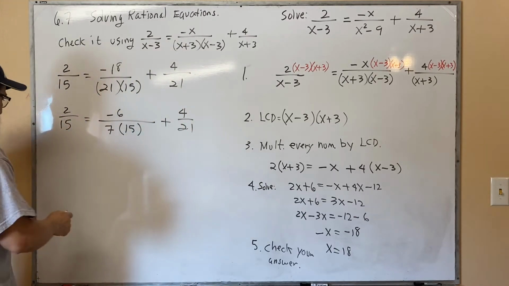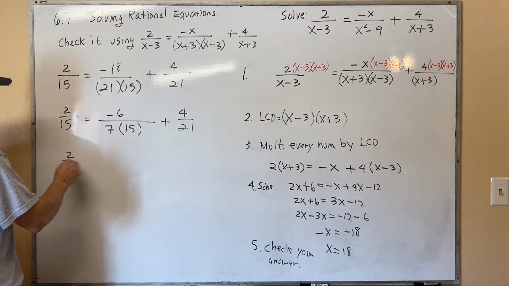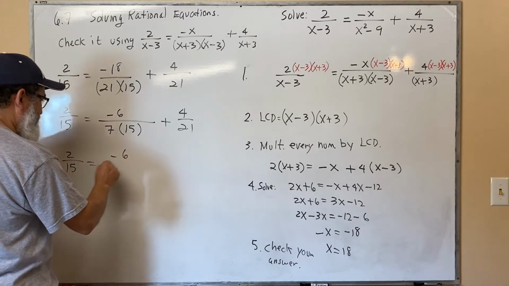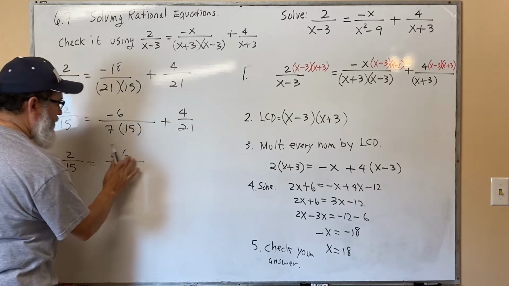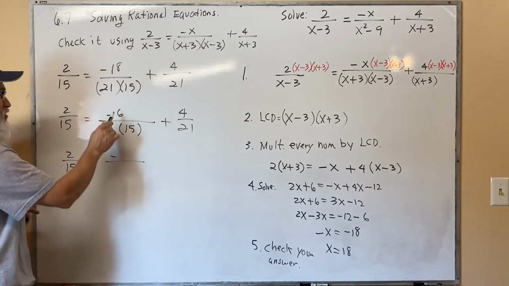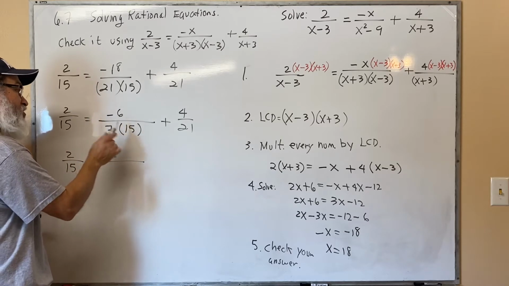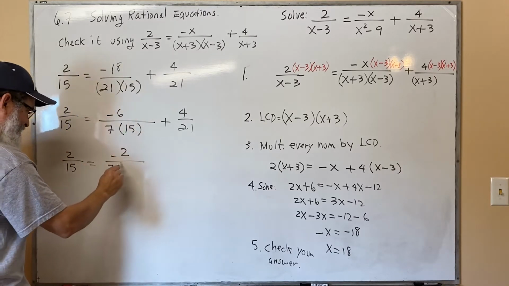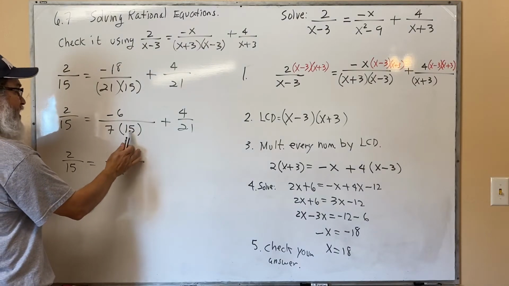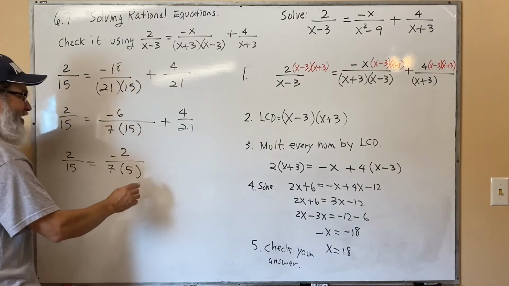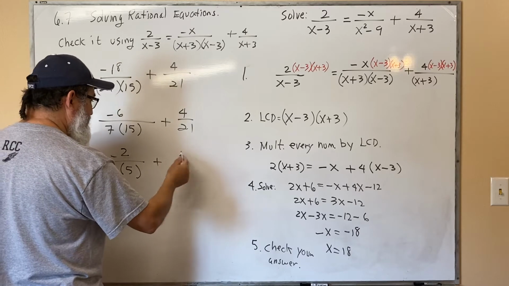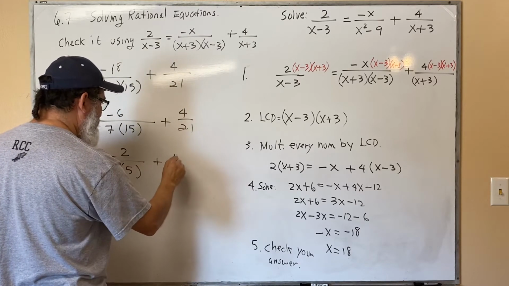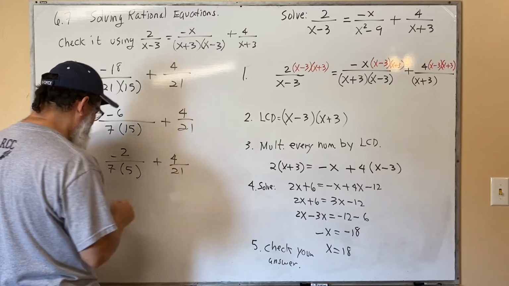Do it again. 2 over 15 equals 2. Negative 6 over, simplify this. 3 goes into 6 twice. And 3 goes into 15 5 times. Plus 4 over 21.